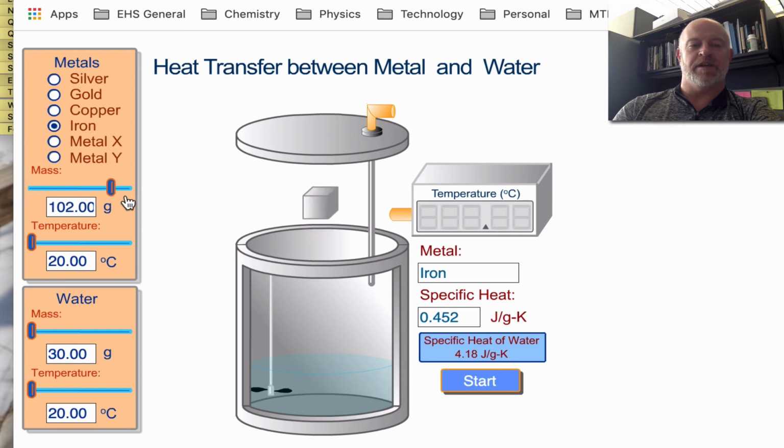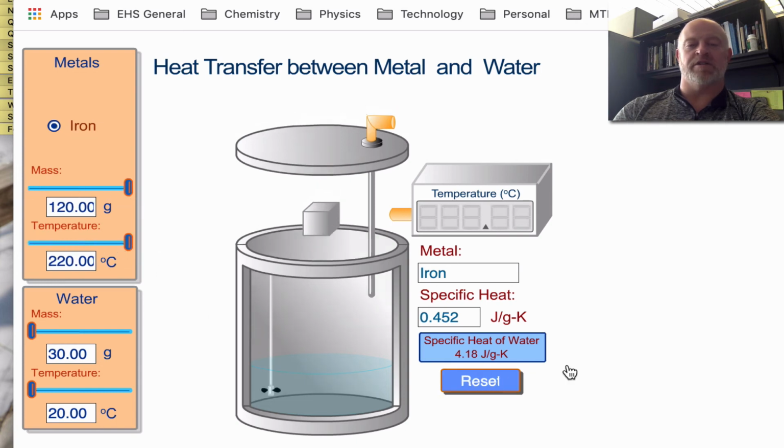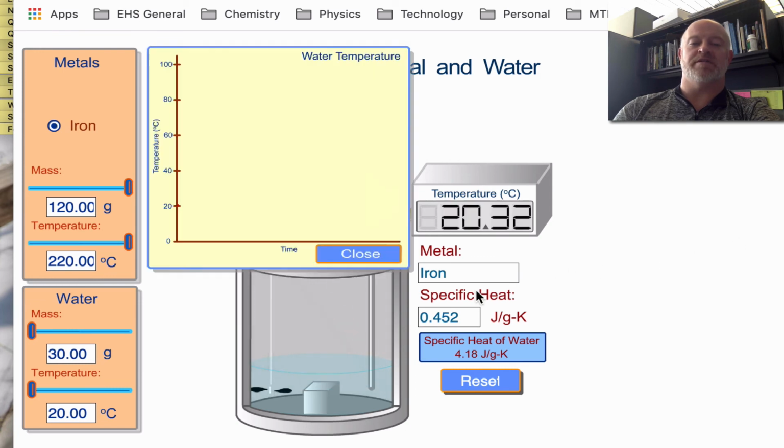If we do the same parameters as before, we should see that this iron, having a higher specific heat capacity, can dump more heat energy into the water. So we see a much steeper slope, and a higher final temperature.